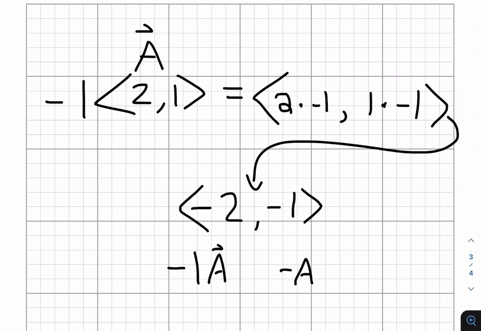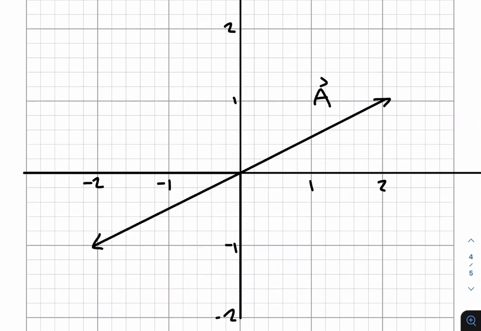If we draw this vector, it looks like this. Notice how the direction of the vector has changed this time to be the opposite of vector a. From this, we can deduce that when the scalar you are multiplying a vector by is negative, the direction flips in the opposite direction.